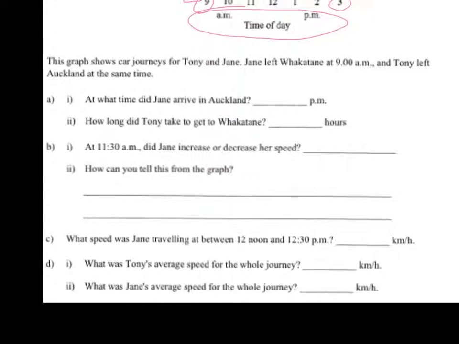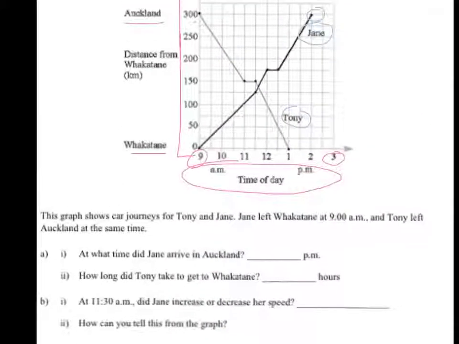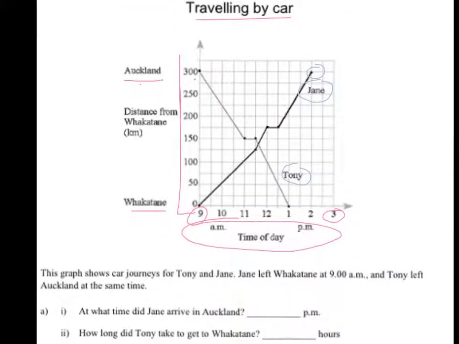What was Tony's average speed for the whole journey? The way you would calculate that is, he has gone 300 kilometres in 4 hours.